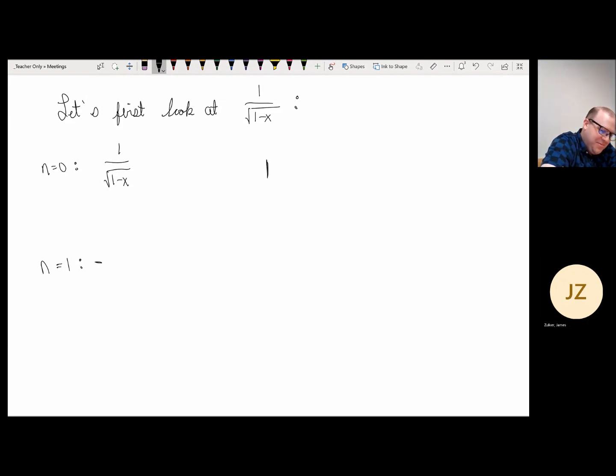Right then. First derivative, negative 1/2 root 1 minus x. I'm sorry, 1 minus x to the 3/2.